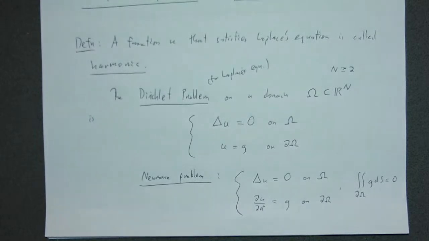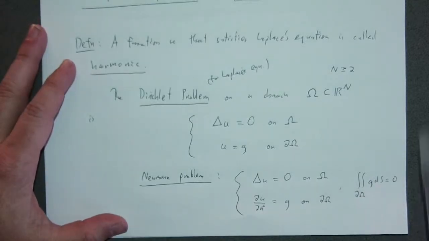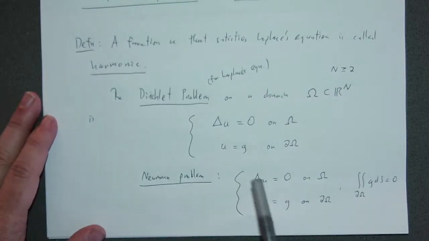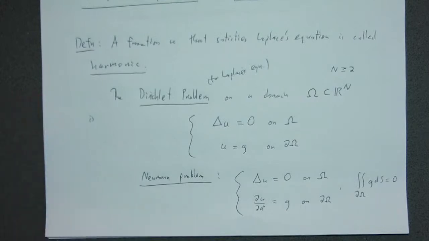Okay. So say omega was like a two-dimensional ball, right? Then this boundary integral would be that integral over the boundary circle of that two-dimensional ball. If omega was a three-dimensional ball, then the boundary integral would be a surface integral over that sphere, that boundary surface for the 3D ball.